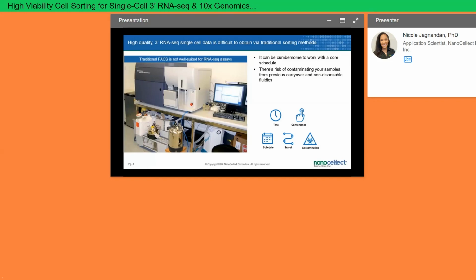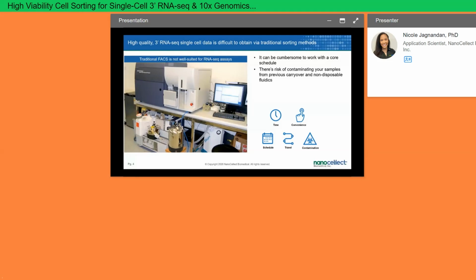There's also a higher risk potentially of contaminating your samples from previous sample carryover because these traditional instruments don't have disposable fluidics. Those lines from the fluidics cart traveling into the machine typically are not replaced that often and can be subject to microbial contamination over a period of time.